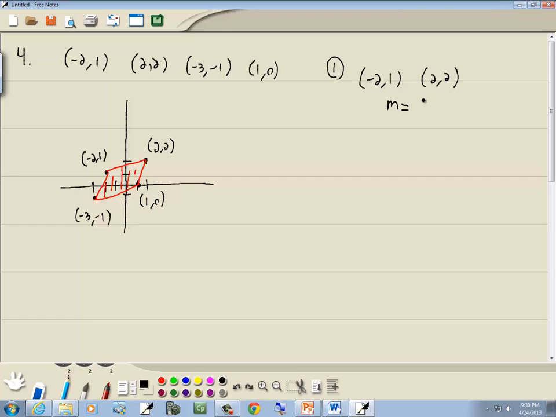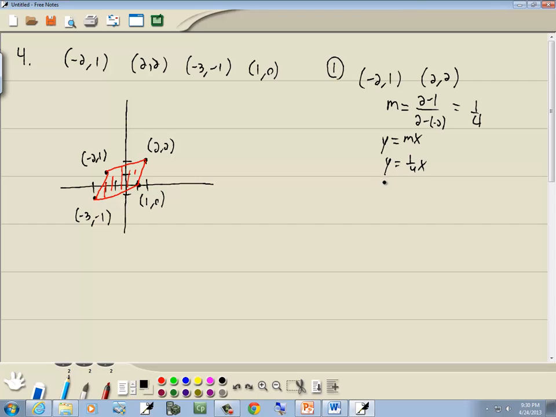So I got 2 minus 1, subtract our y's, and then subtract our x's. So we got 2 minus -2, which gives us 1/4. Now we're going to have y equals mx, and I'm not even going to put the b here because it really doesn't matter. And we got y equals 1/4 x.